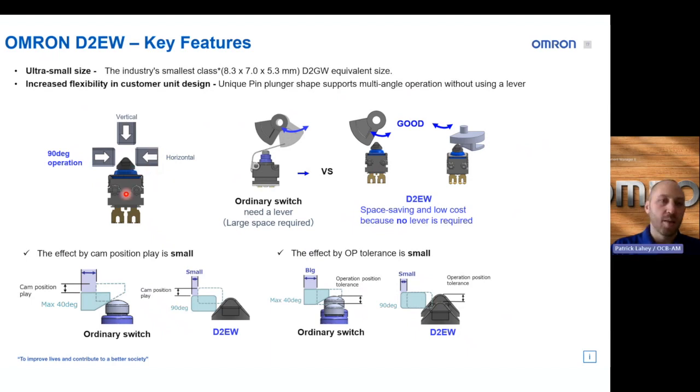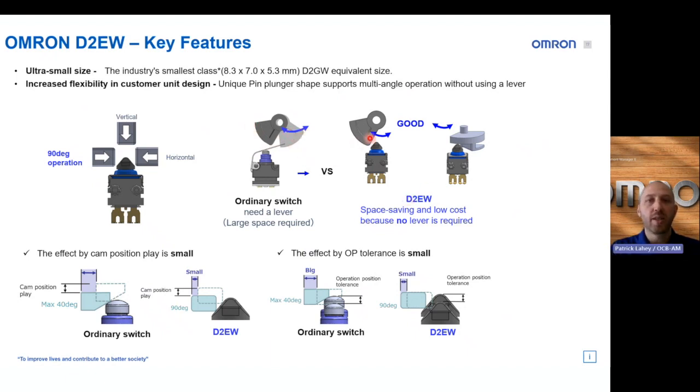With that comes a second key feature, and that's that it does not require a lever. When you have to use a lever, you have to have a larger space within the tool that's going to be allowed for that snap action switch to be actuated. Typically with a lever, you have to have a cam, a rotating cam, and that lever will require a little bit more space to actuate it.